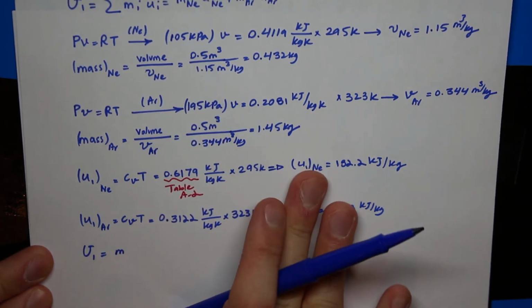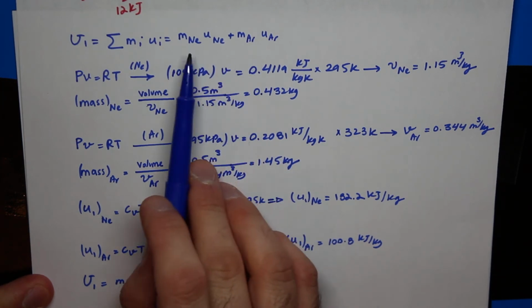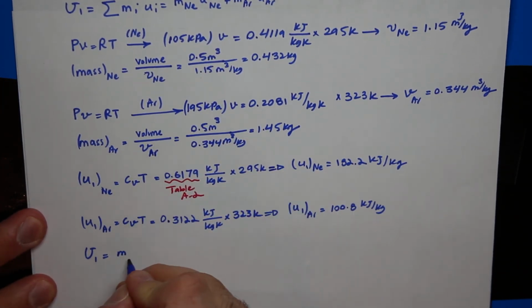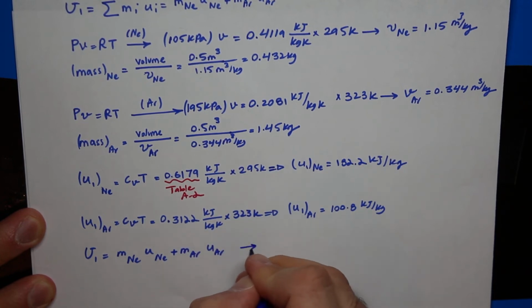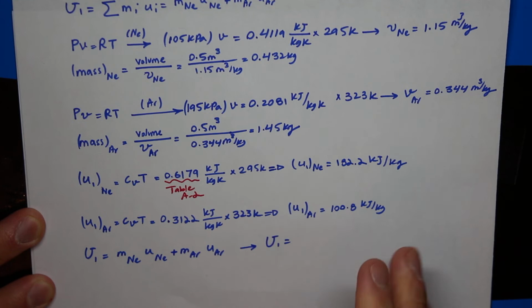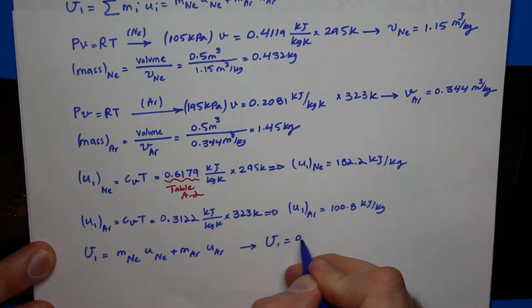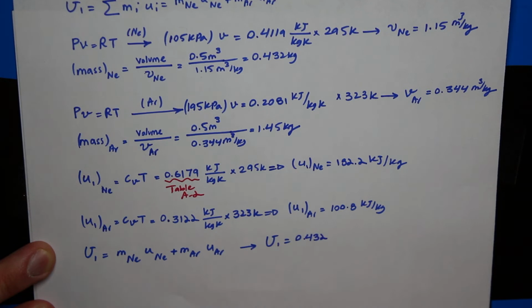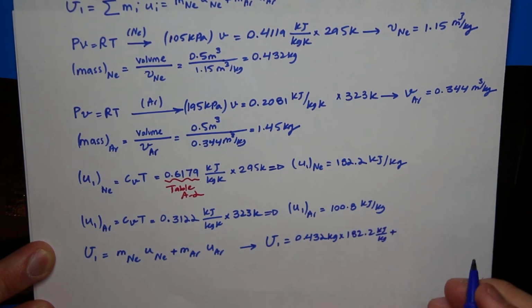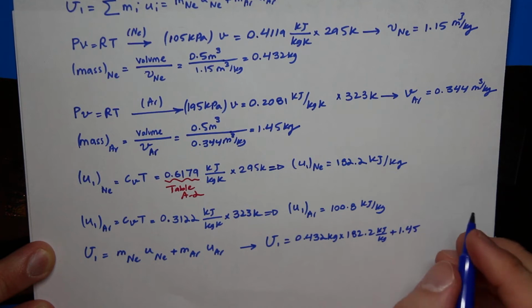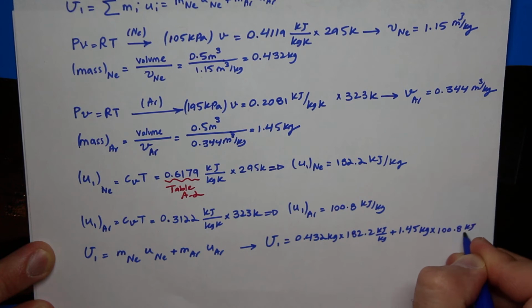So uppercase U1, I'm using this equation, is mass of neon multiplied by u of neon plus mass of argon multiplied by u of argon. Okay, so capital U1 is equal to 0.432 kilogram multiplied by 182.2 kilojoule per kilogram plus 1.45 kilogram multiplied by 100.8 kilojoule per kilogram.